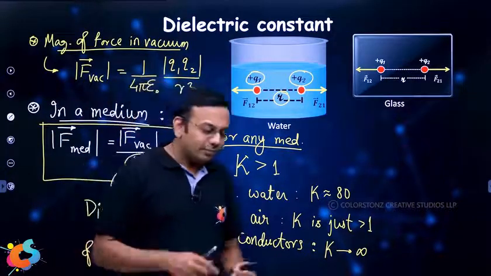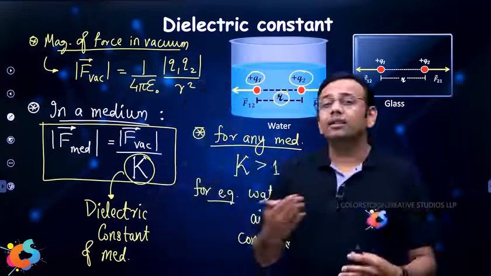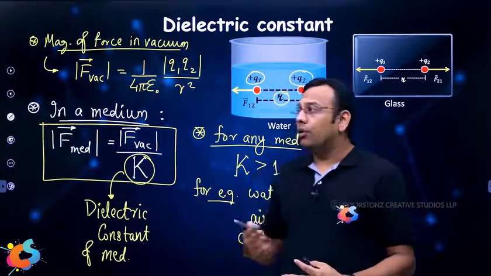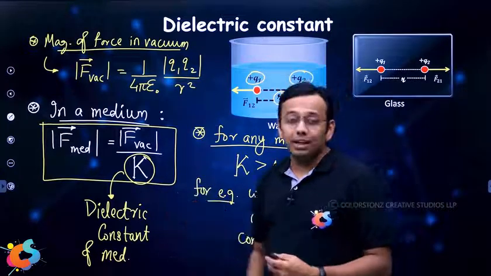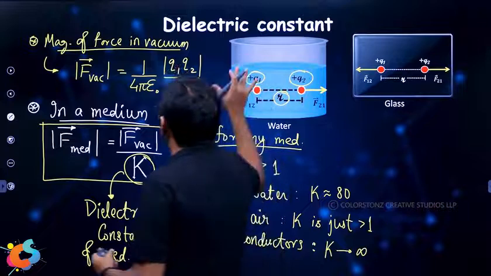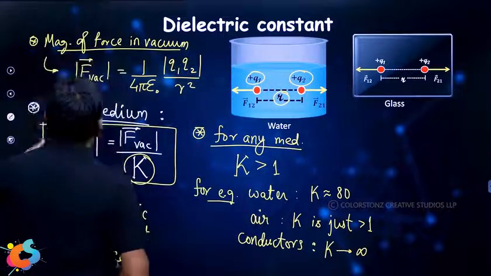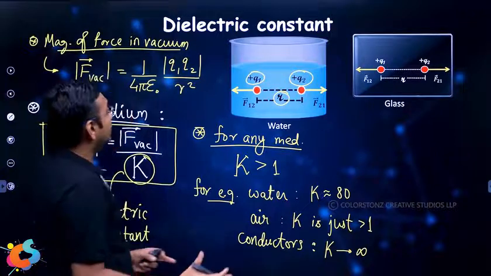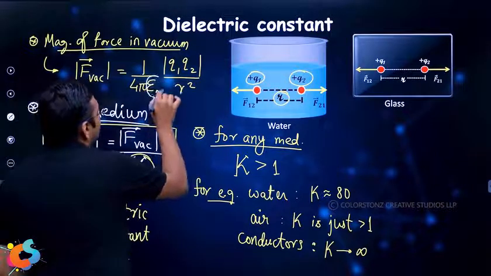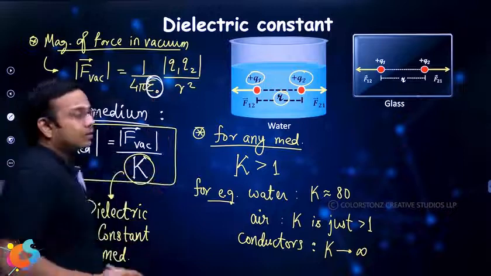Now, there is another approach which is taken for explaining the change in this force when the charges are kept in a medium. Instead of talking about dielectric constant, we say that when we put two charges in a medium, the epsilon naught parameter changes.